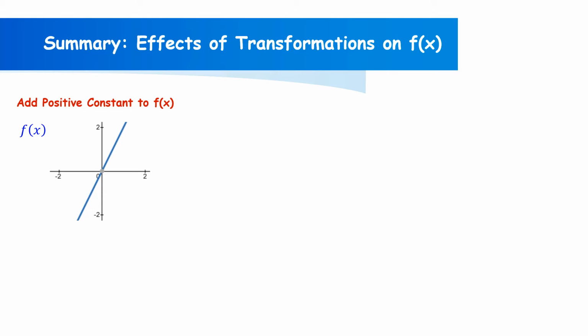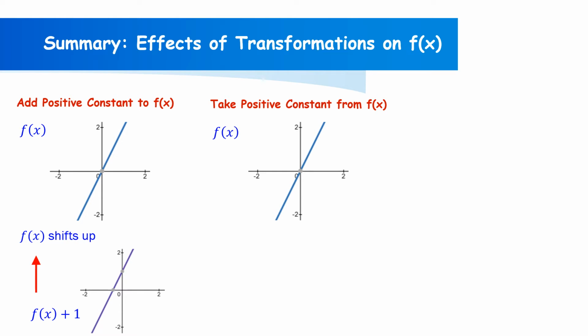Now let's have a look at the effects of the transformations on f of x. If we add a positive constant to f of x, the graph shifts upwards. Here we have f of x plus 1. If we take a positive constant from f of x, the graph shifts down.